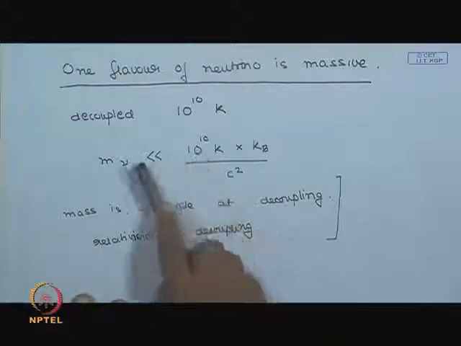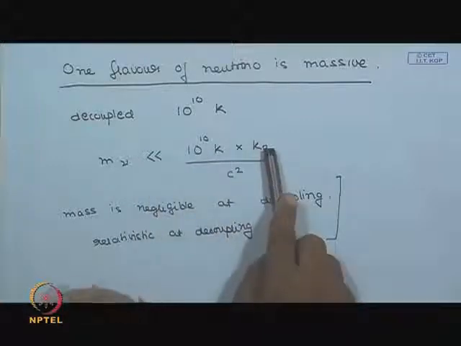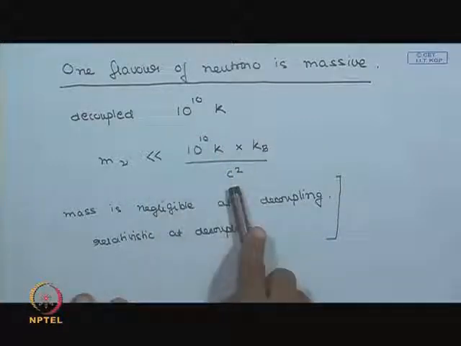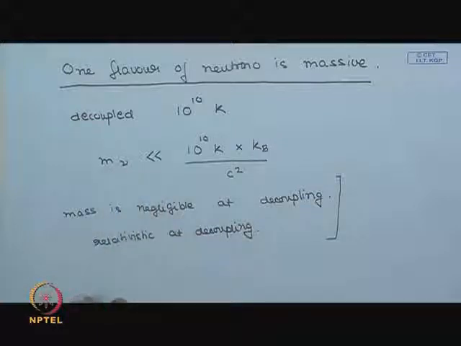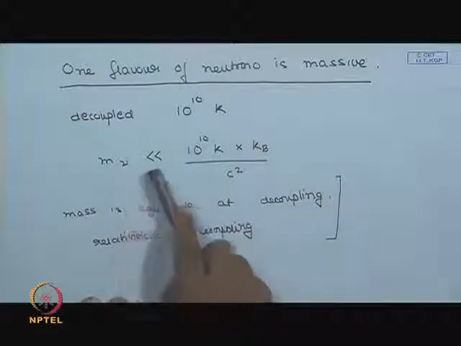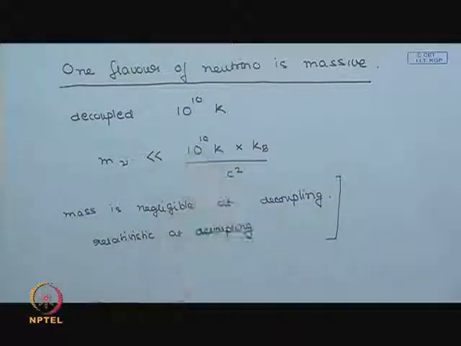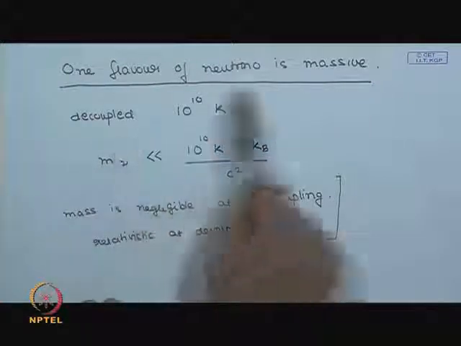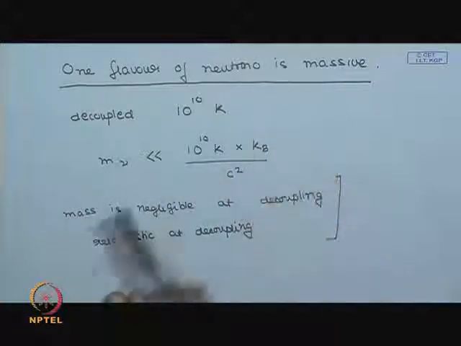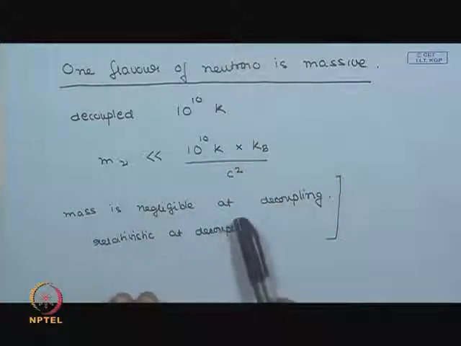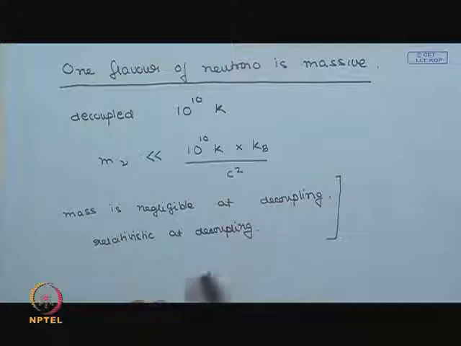If you convert this to a mass scale, multiplied by the Boltzmann constant, this will give you energy divided by c squared, it will give you a mass scale. So, the mass of the neutrino is assumed to be much smaller than this number. If this holds, then the fact that the neutrino has a mass may be completely ignored at the time where the neutrinos decoupled from the rest of the components of the universe.